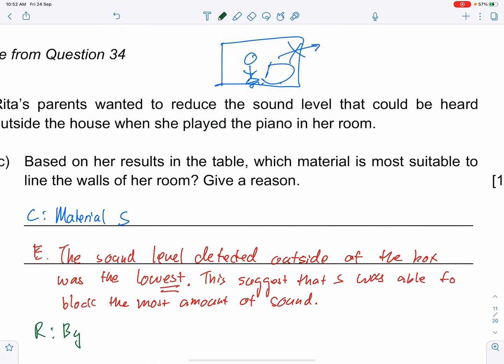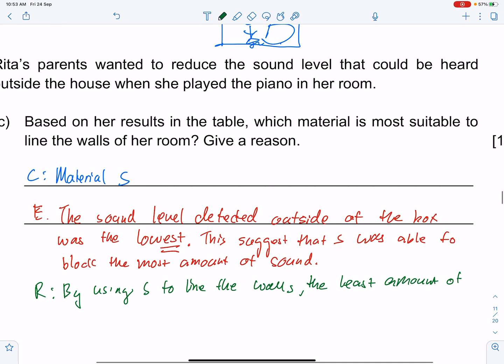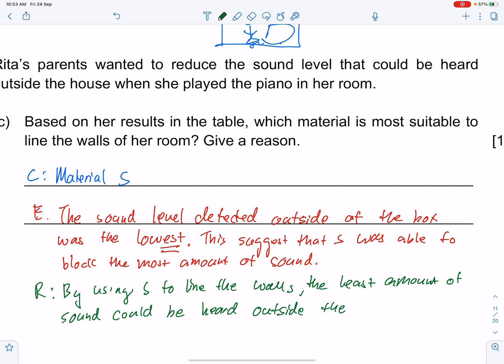By using S to line the walls, the least amount of sound could be heard outside the room. Okay, so can you see how I relate?